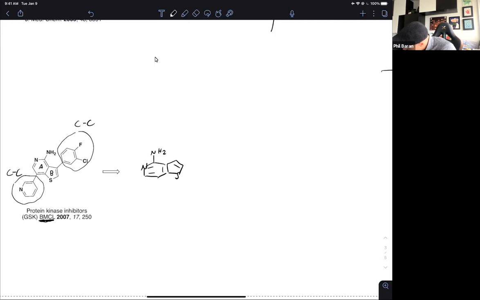Now we need to think about halogenation here and halogenation here. So which one do you think would probably be smarter to start with retrosynthetically, and which to put in later? I'm going to give you two options.